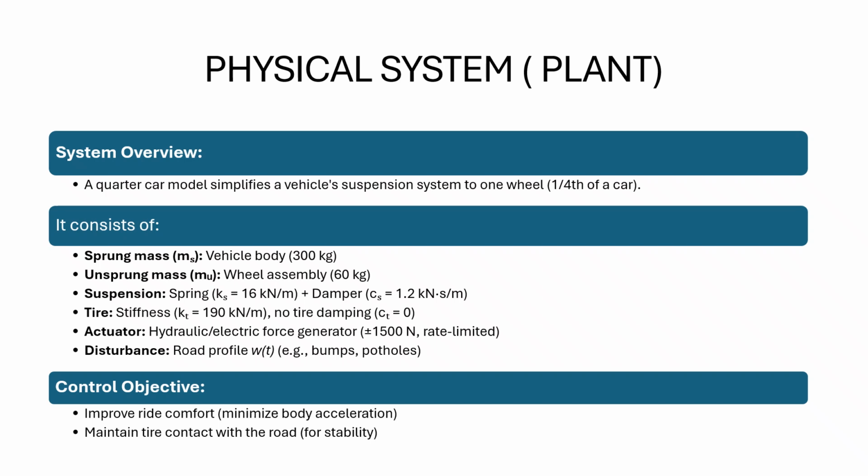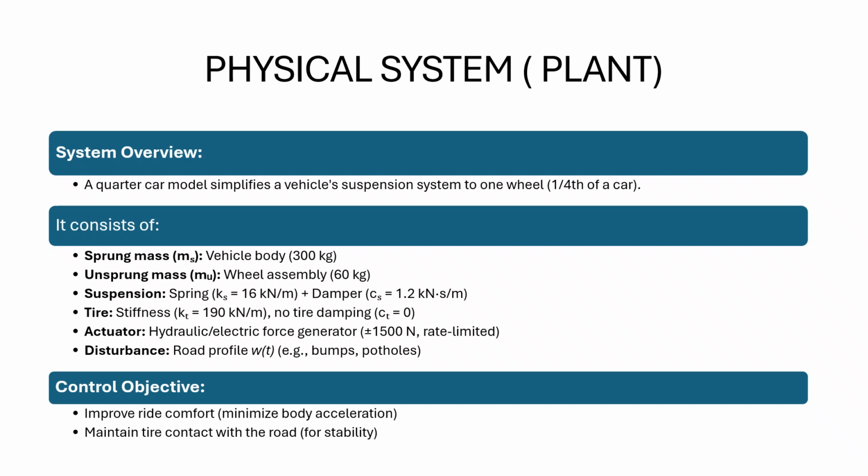So for this project, we had to model the physical system. The model for our quarter car approach was a sprung mass, which is about 300 kilograms and is the vehicle body, and an unsprung mass, which is the wheel assembly, which is about 60 kilograms.